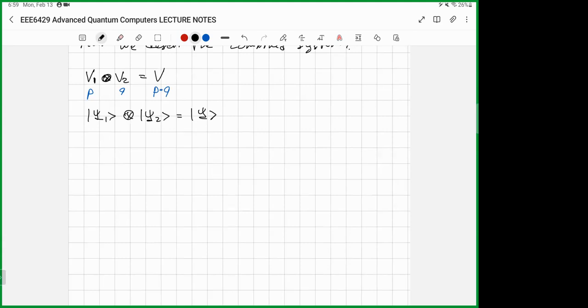This is how we define the psi vector of the combined system. And again, if psi 1 and psi 2 are vectors of two dimensions with two elements, then the combined psi will be a vector of 4 elements.